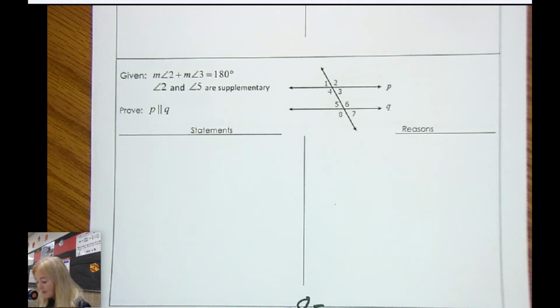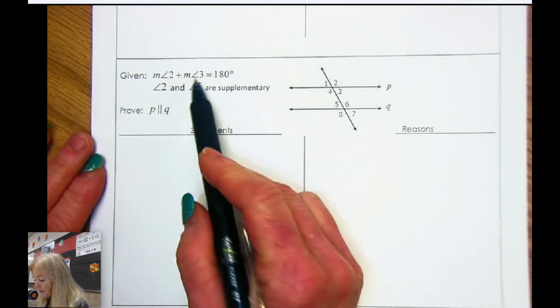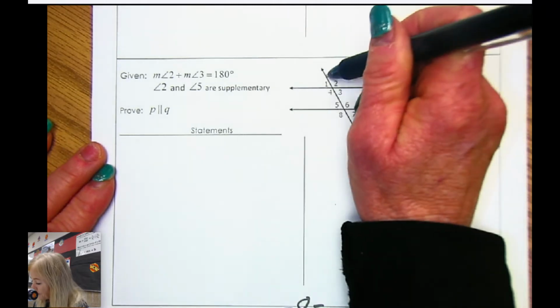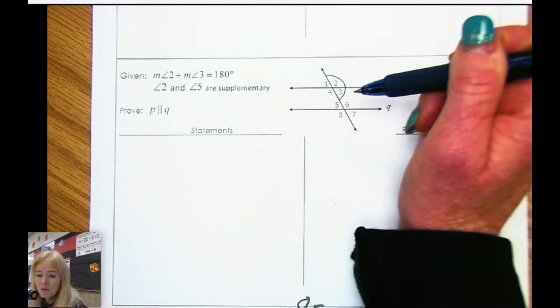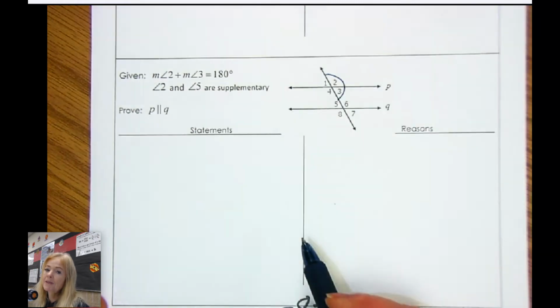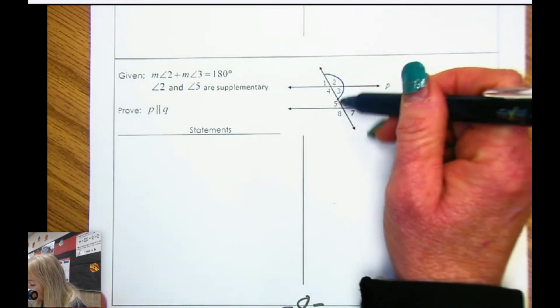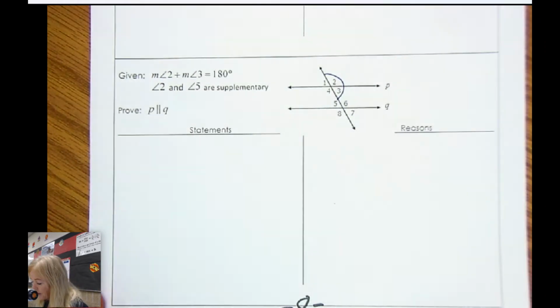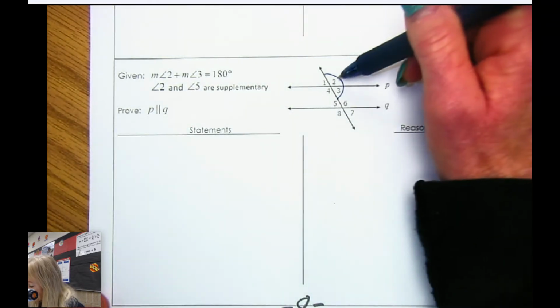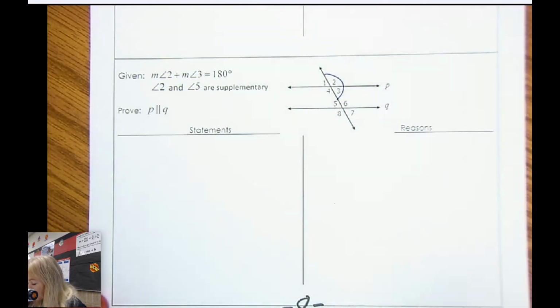All right, so the measure of angle 2 plus the measure of angle 3 is 180 degrees. That tells us these two angles add to 180, or they're supplementary, basically. And it also says that 2 and 5 are supplementary. So 2 plus 5 is 180, and 2 plus 3 is 180.